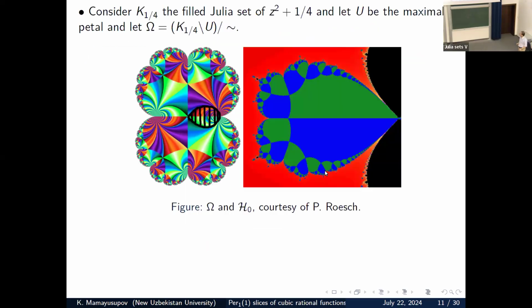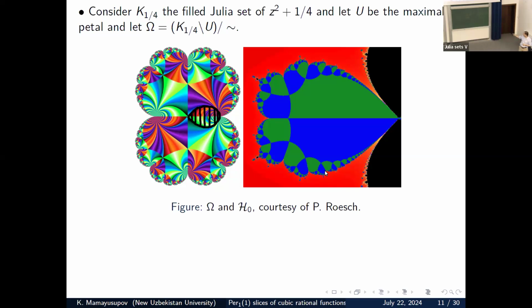And here is the construction of Peterson and Tanley. So they represented this H0 by the Julia set of this polynomial z squared plus 1/4. They just take this petal, cut it out, and identify the points on the boundary with conjugates.